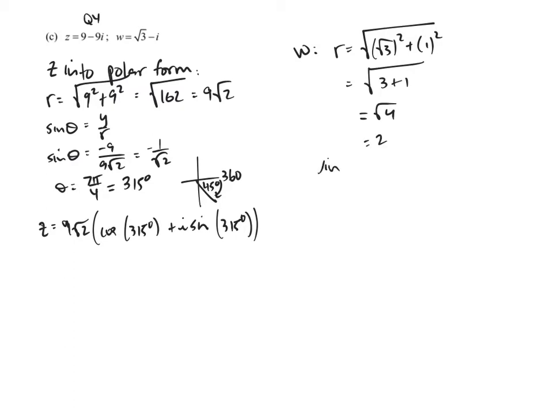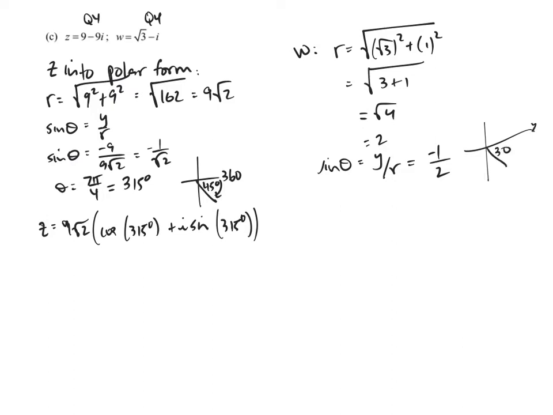And then to find theta, I'm going to say that sine theta is equal to y divided by r, and the y is negative 1, and the r is 2. And once again, we have a positive real part for w and a negative imaginary part, so that's going to also be in quadrant 4. And for sine to be a half, I want the reference angle to be 30.